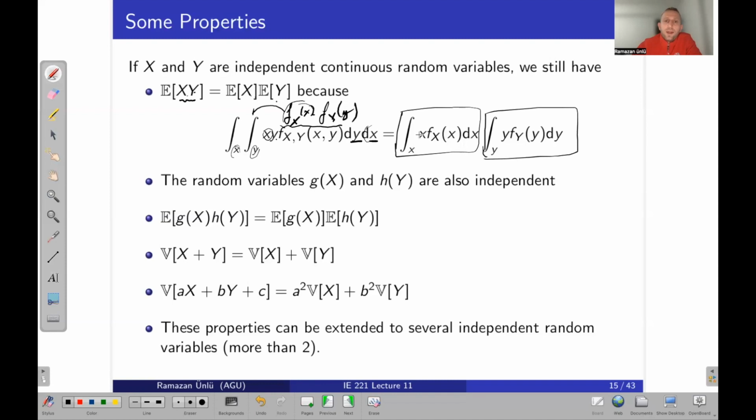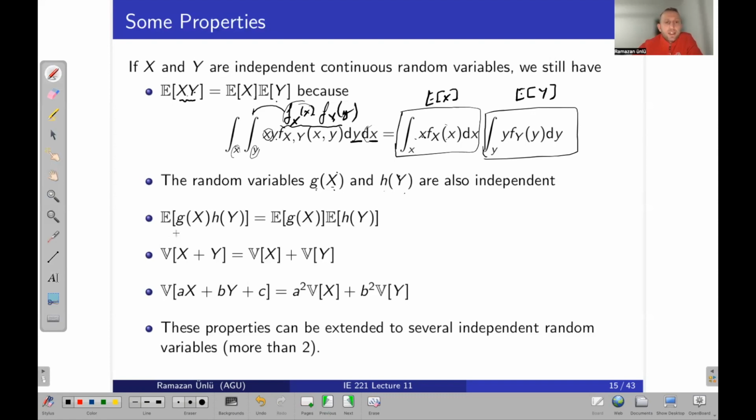And I know that X times the marginal PDF of X gives the expected value of X, and Y times the marginal PDF of Y gives the expected value of Y. So the expected value of X times Y is equal to the expected value of X times the expected value of Y. Also, if we have two functions, G and H, where G is a function of X and H is a function of Y, I can safely say that if X and Y are independent, G of X and H of Y are also independent.